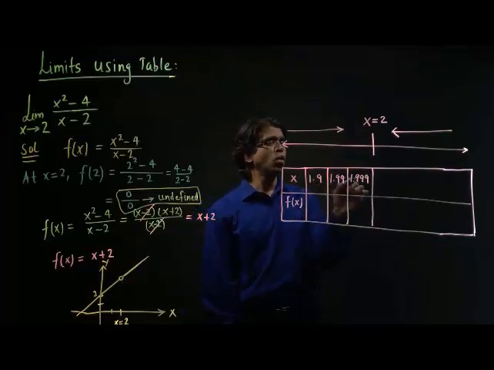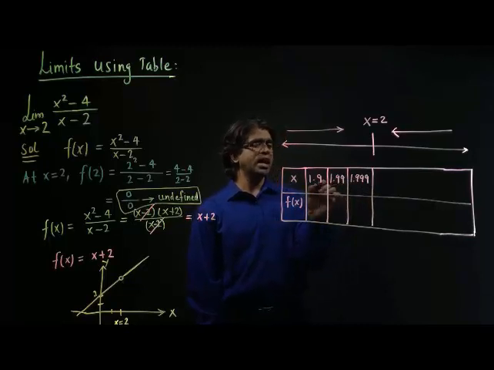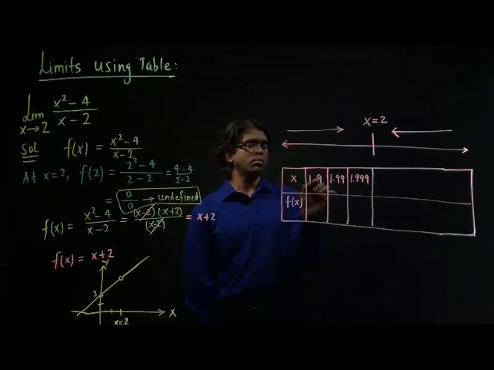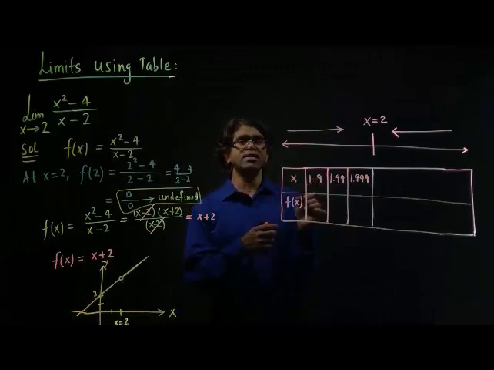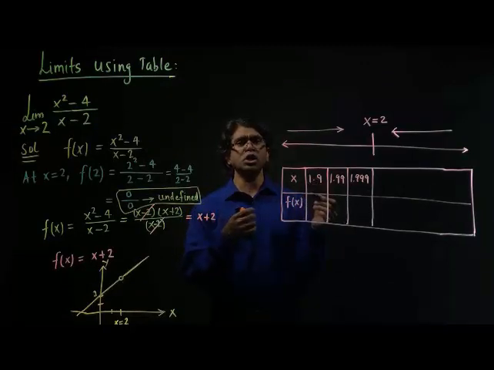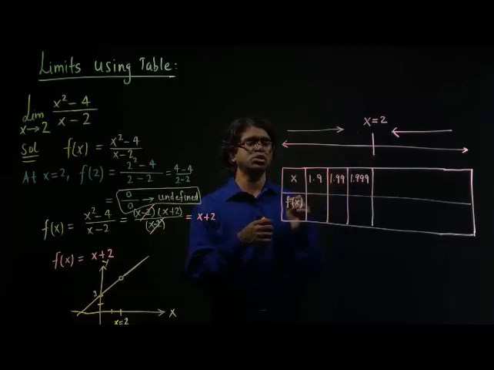As you can see, 1.999 is closer than 1.99, and 1.99 is way closer than 1.9. So I'm trying to get closer to x equals 2.